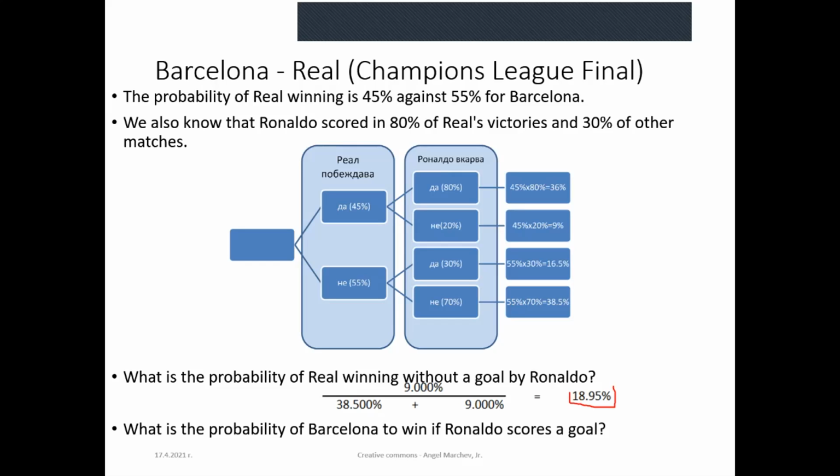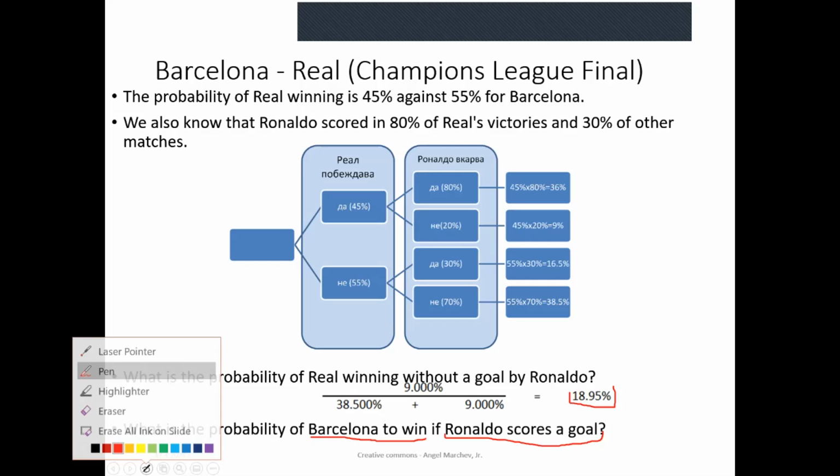So the second question: what is the probability of Barcelona winning? So basically this part. If Ronaldo scores, so the desired condition is this one, this would be in the denominator, and Ronaldo scores a goal will be in the numerator.